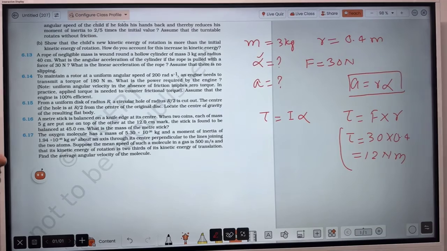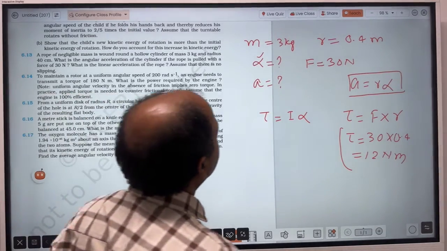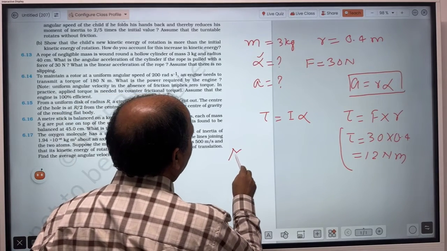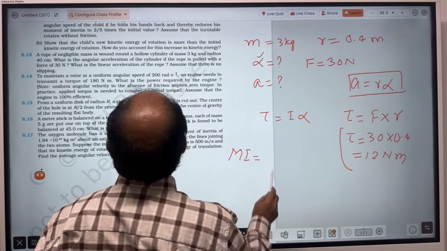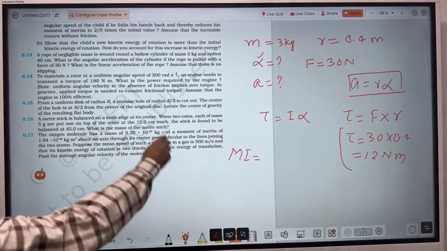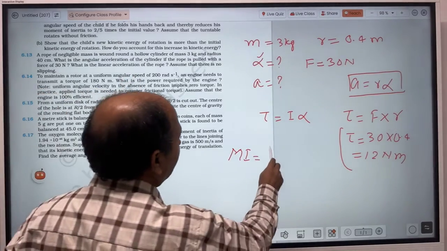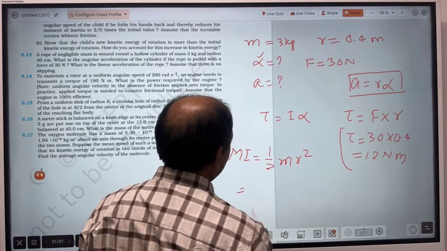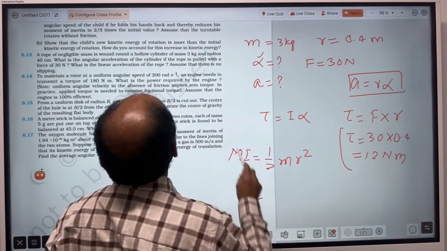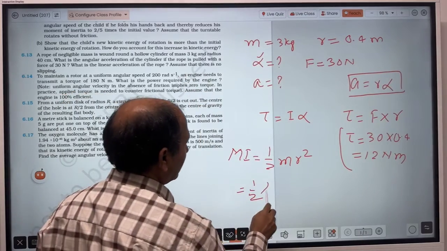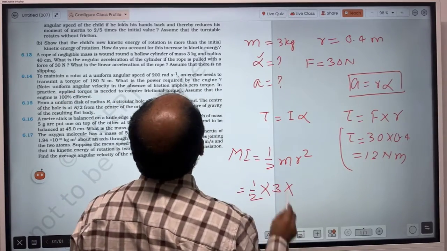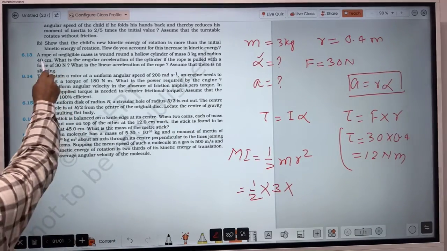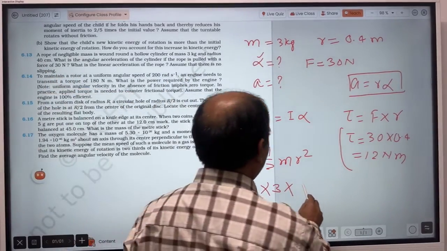Now the second thing we need, moment of inertia. So what is moment of inertia? Here we are talking about which figure? Figure is cylinder. So half m r square. So 1 by 2, mass of cylinder is given 3 kg and radius square, here you have to take 0.4 square.